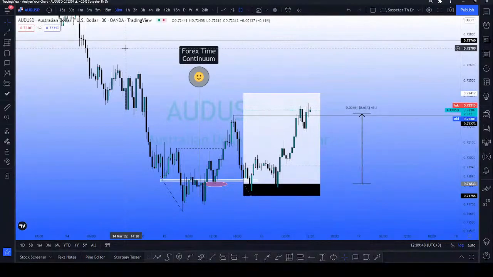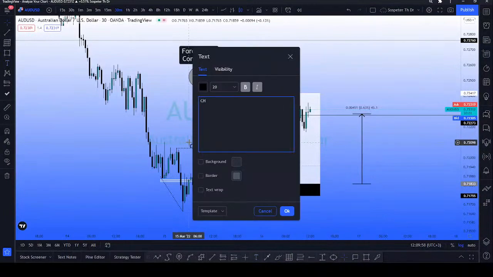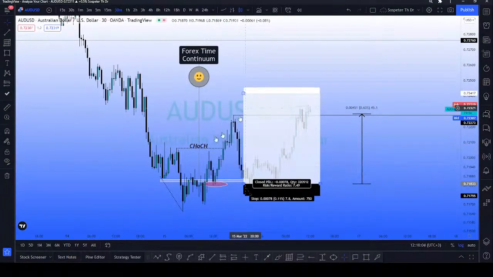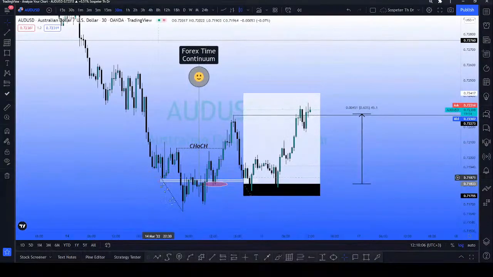As you can see, I'll just label for the purpose of those learning. You can see we had a break of structure, or change of character, to the upside. We had a low and a lower low.